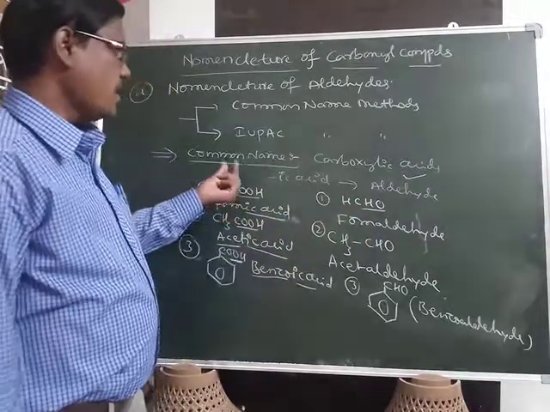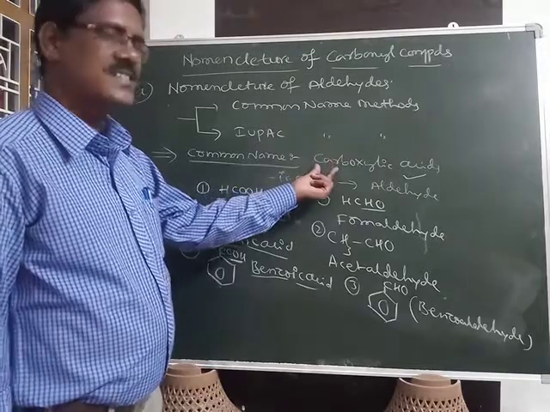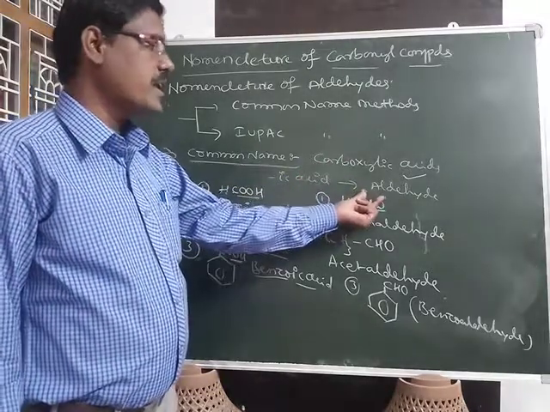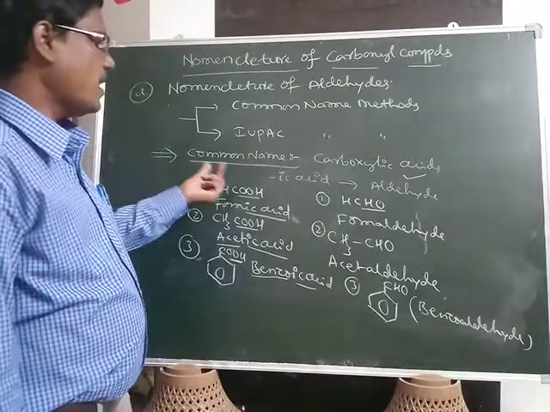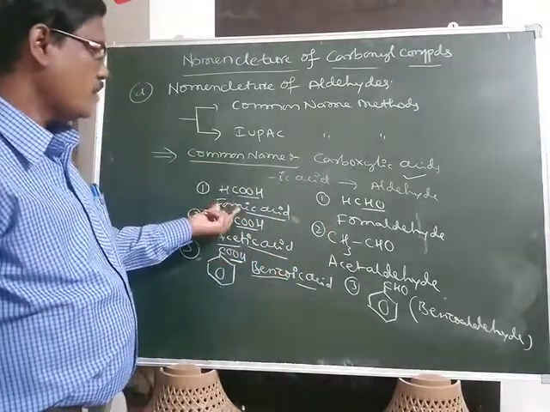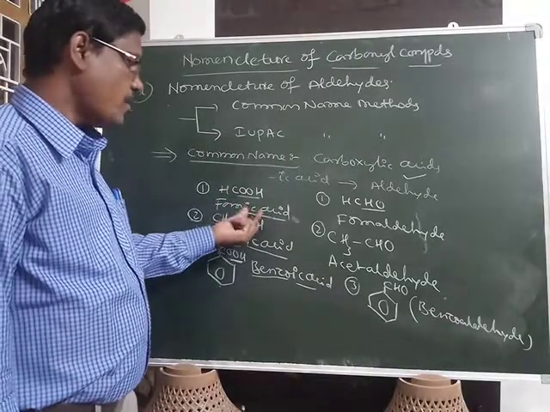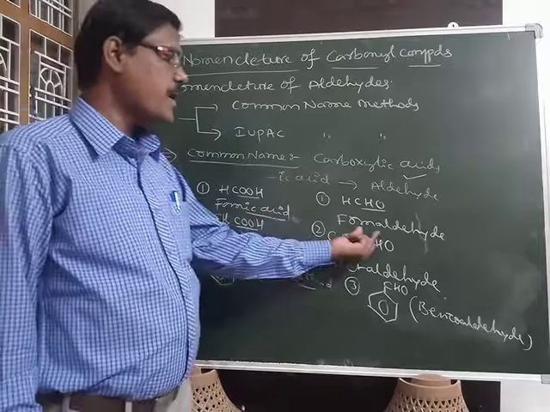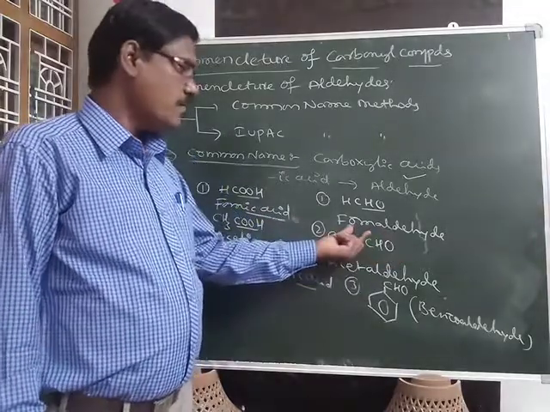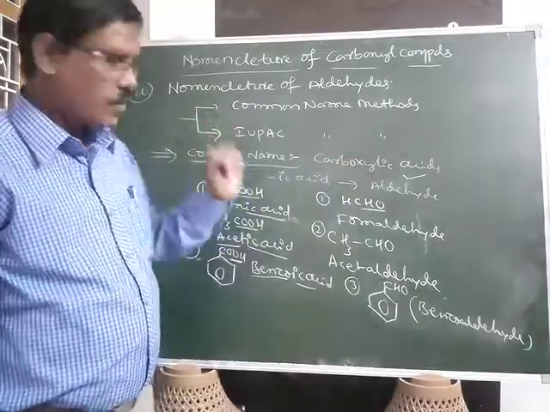That's why in the common name, the ic acid present in the carboxylic acid name, if replaced by aldehyde, we obtain the common name of the aldehydes. For example, formic acid is the carboxylic acid. In formic acid, ic acid is replaced by aldehyde, then we obtain formaldehyde. Its formula is HCHO.